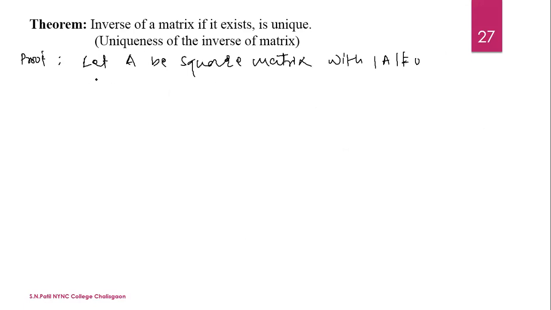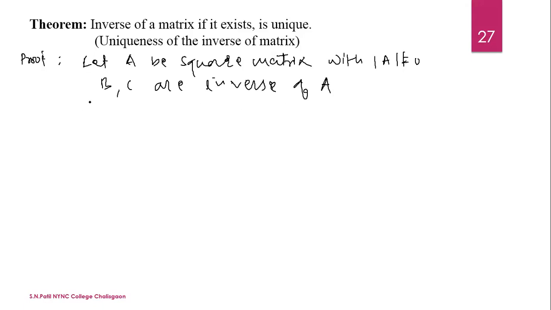Let us assume B and C are inverses of matrix A. Then if B and C are inverses of A, we assume here that two inverses exist for A.